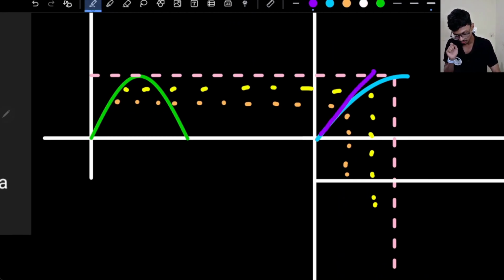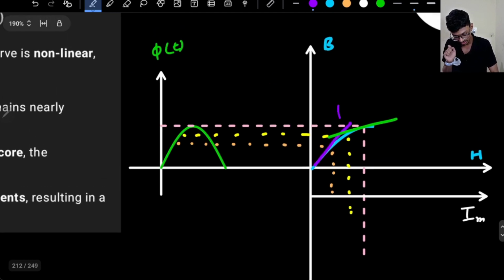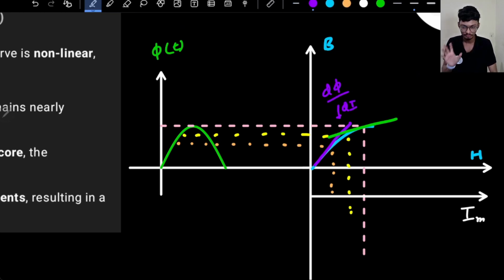Here I have some slope, and here another slope. The slope is dB upon dH. I know B is proportional to flux, so basically it is d phi upon di, because magnetizing force is proportional to current and magnetic flux density is proportional to flux.